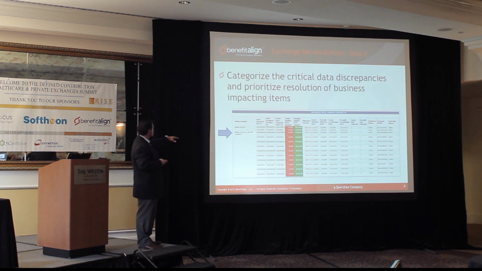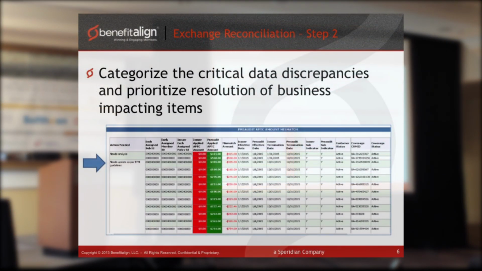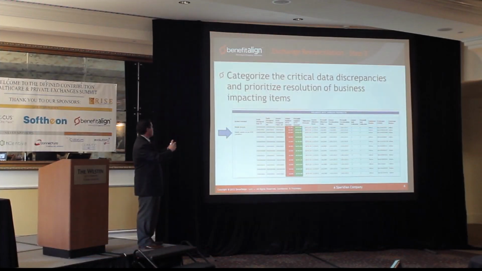You're not going to spin your wheels on this next item, which is a specific FFM example, where it says that the FFM has to update it on their side per their guidelines. So instead of saying, I have 40-something records that my team has to go through and review, you've cleaned up your data already, and you've identified the ones that need work.